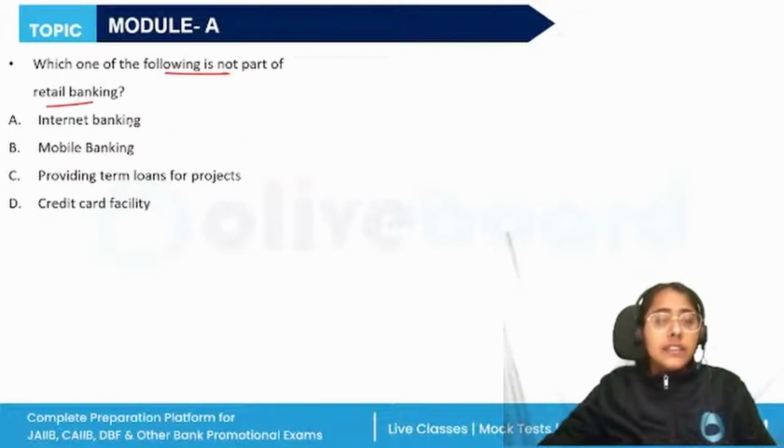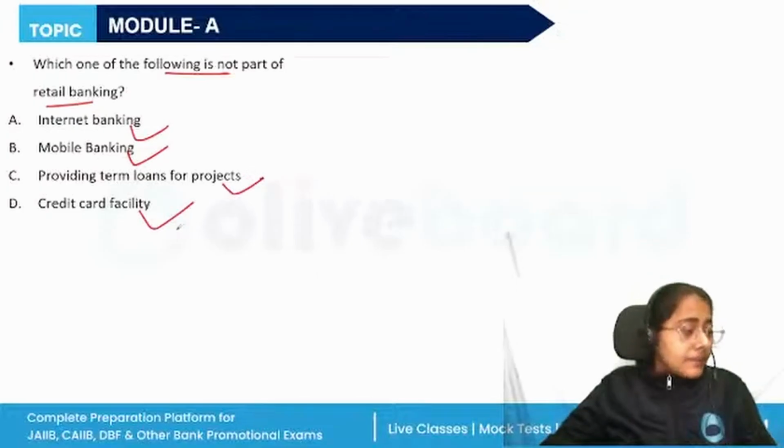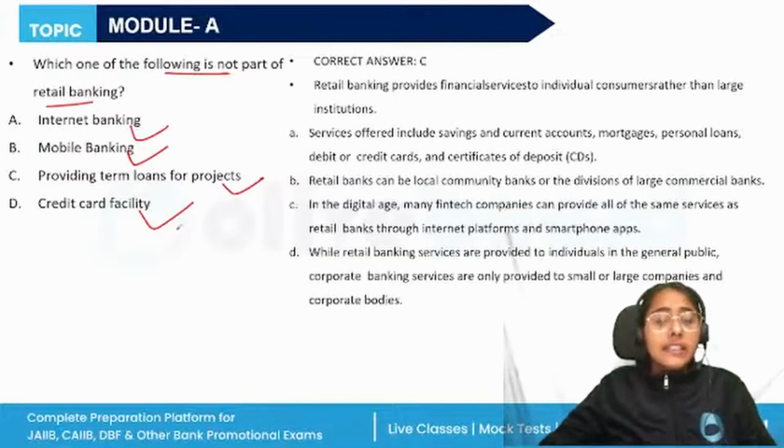Internet banking, mobile banking, providing term loans for projects, or credit card facility. So the correct answer here will be option C, providing term loans for projects, because it is more on the wholesale or corporate banking side.